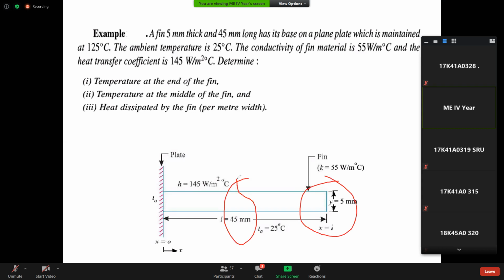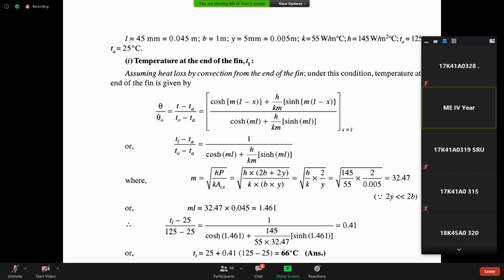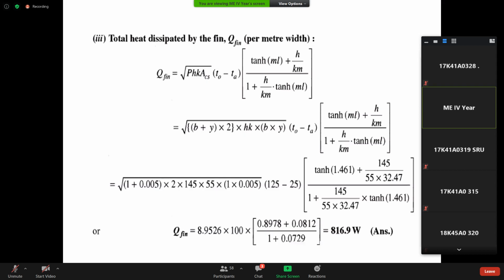It cannot be possible, because the temperature cannot come down, increase, and again come down. That is not at all a fin, right? So whether the problem is correct or not, you have to check according to this logic.